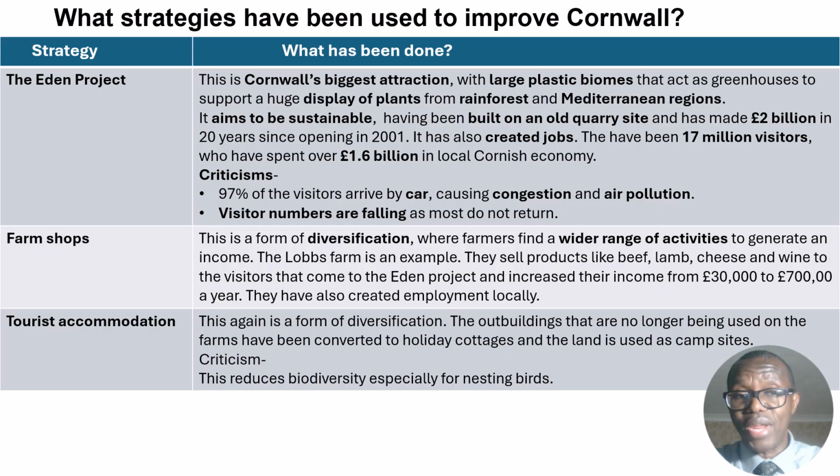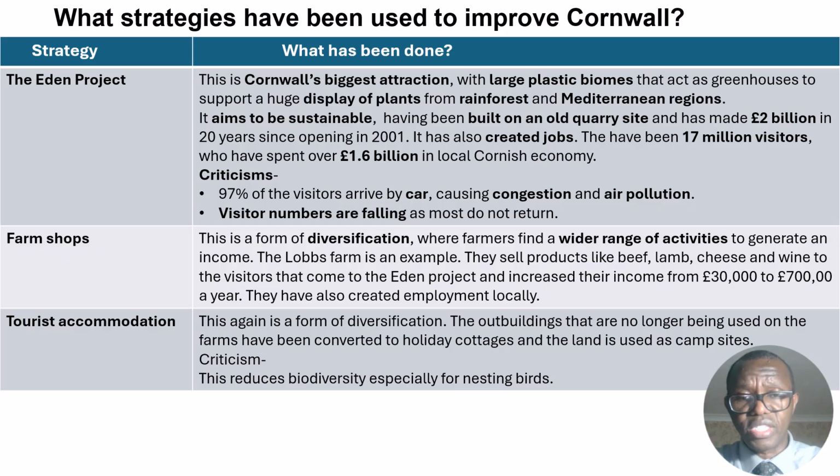Now, this project made in 20 years 2 billion pounds, which is quite a bit of money. And as you can imagine, it created a lot of jobs, and has brought in over 17 million visitors who have spent over 1.6 billion pounds in the local Cornish economy. So the project has really benefited Cornwall.